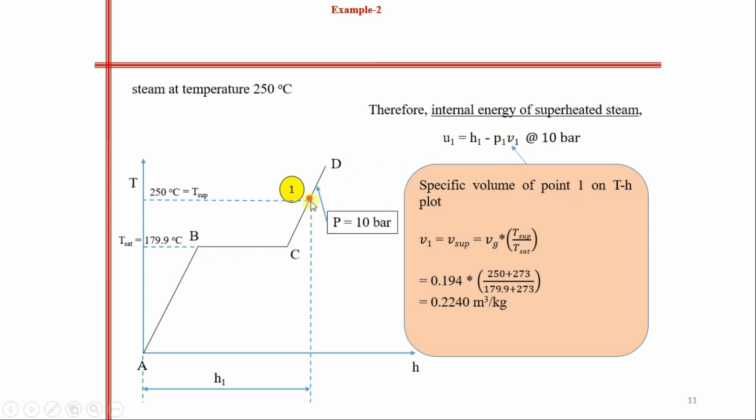Here point number 1 is in the superheated region, therefore V1 = V superheated = Vg times T super by T saturated. Keep in mind, convert temperature into Kelvin. So V1 comes out to be 0.2240 meter cube per kg. Therefore, just substitute the values in this equation, and the internal energy of point 1 is 2319.8 kilojoule per kg.